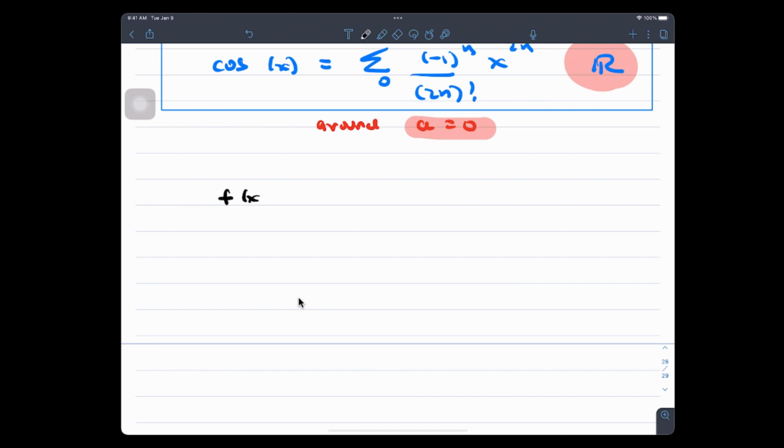What if they give you the function here? I'll just change it to sine of x over 4. I don't think we've done a fraction. And they want the Maclaurin series. So technically, they can say, what's the Maclaurin series expansion?